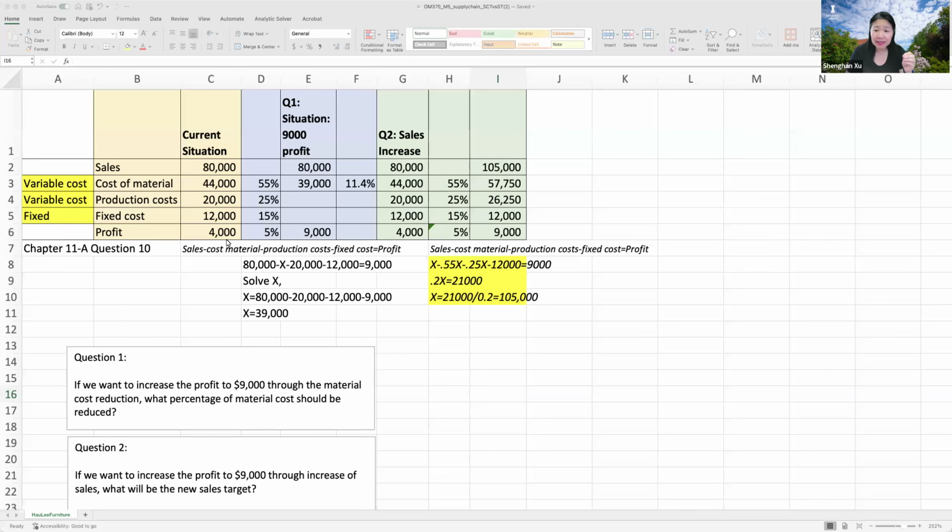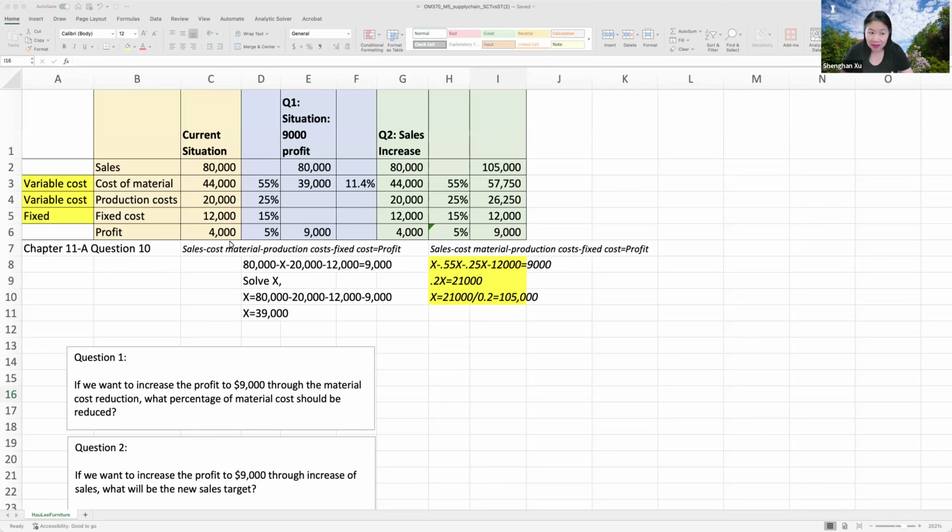So let me explain these costs a little bit. Sales is easy to understand. You sell a piece of furniture and the sales price is essentially reflected in this recorded item there, right? The cost of material is the raw materials that you use for production.